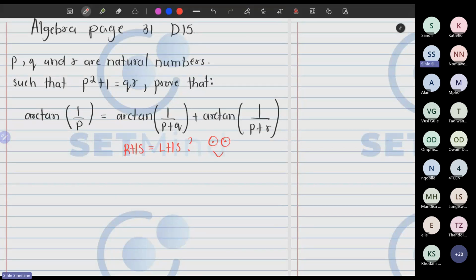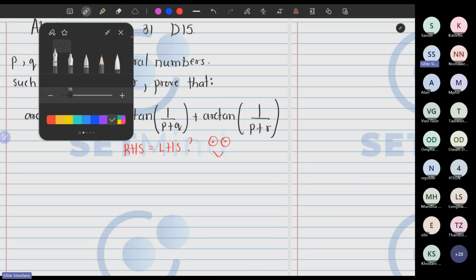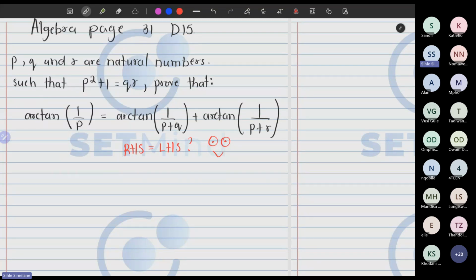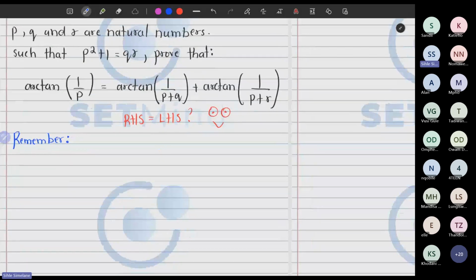What I want to remind you of is, if you look at this problem, it is not so easy to quickly work out. It doesn't make so much intuitive sense. But I want to bring to our attention what you did earlier, which is why I will say remember. If you can remember, what is tan of A plus B?